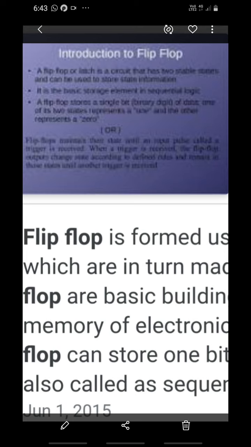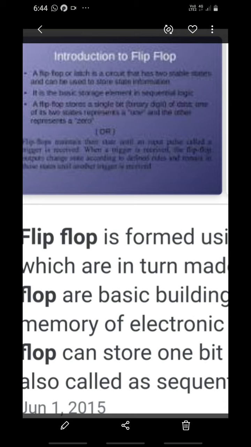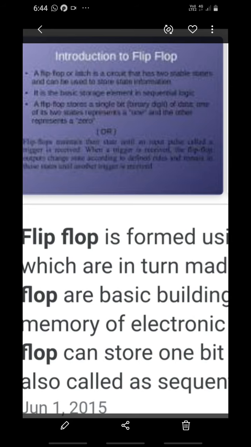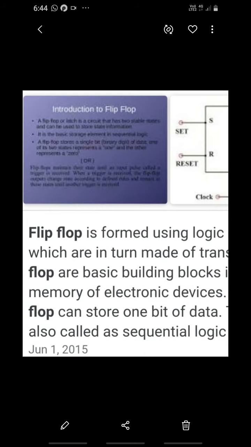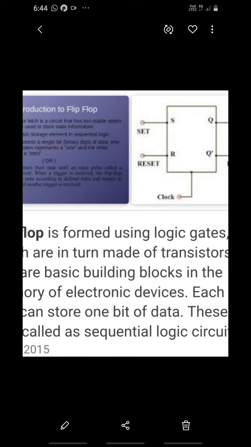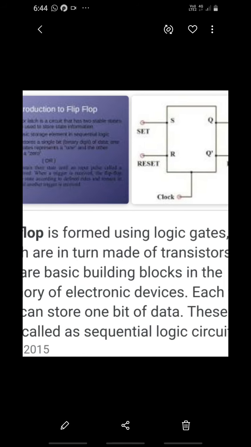A flip-flop or a latch in a circuit has two states. Here a flip-flop is formed using logic gates, which in turn are made of transistors.